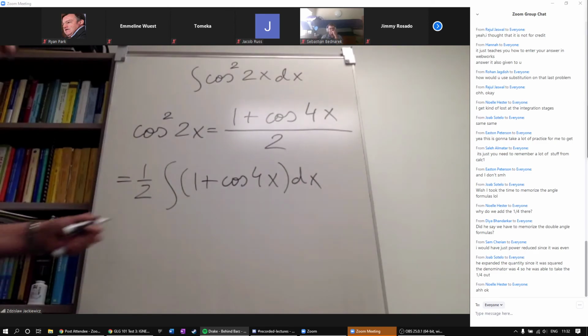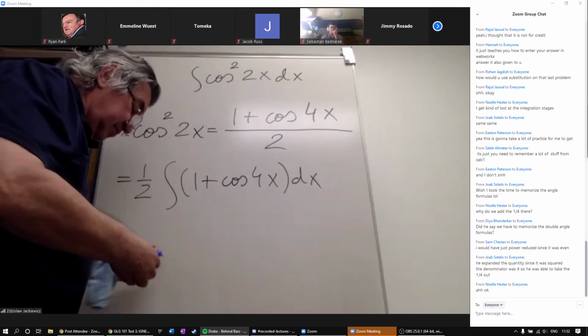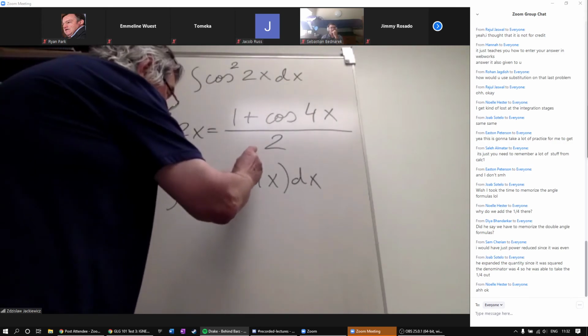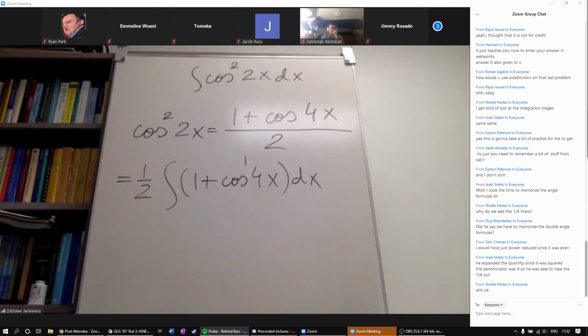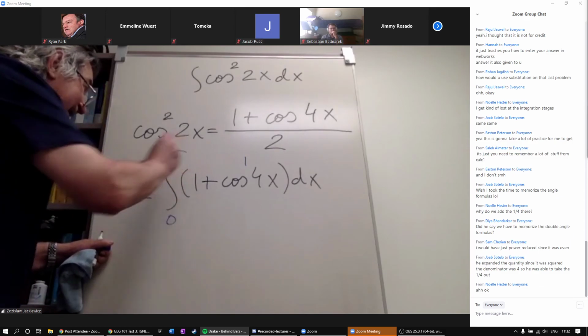Of course we have the first power. And the integral of cosine is sine. The limits, I forgot, were 0 to pi, I believe.